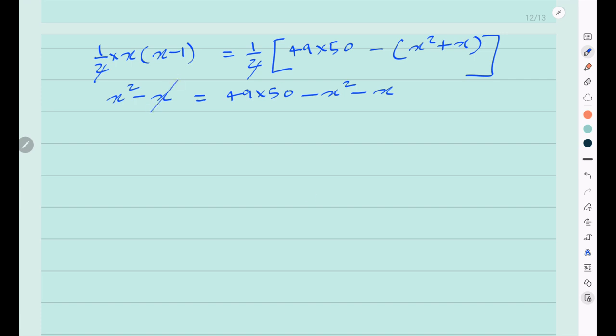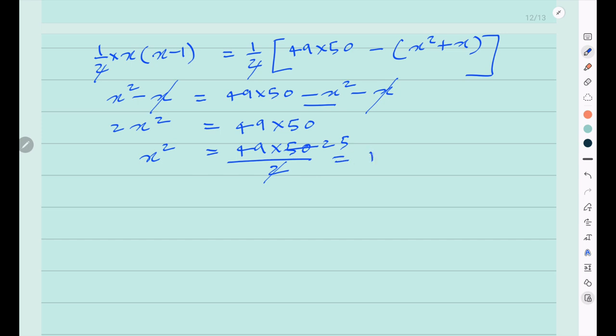Again, we can see that on both sides this is common. Then we bring minus x squared to this side, so it becomes 2 times x squared, and it leaves us with 49 into 50. Dividing both sides by 2, 49 into 50 divided by 2, we get 49 into 25. We are not multiplying it because it will complicate the matter.